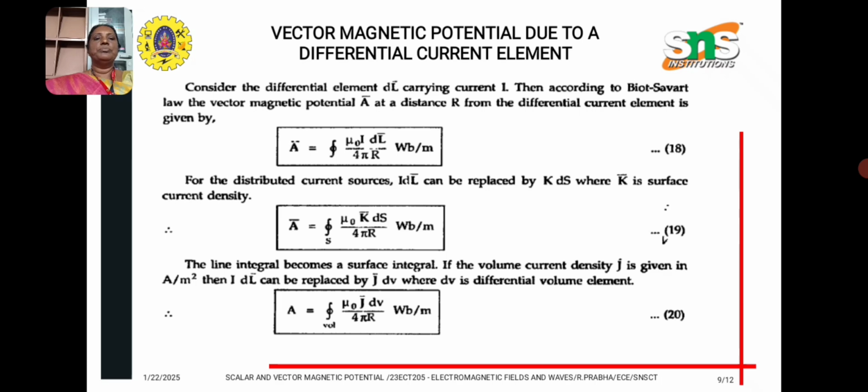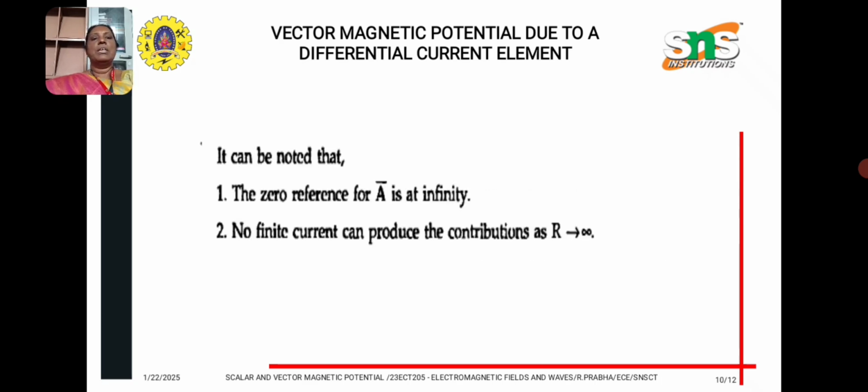And for volume integral, it is integral over the volume of mu naught J dV by 4 pi r Weber per meter. So, we can finally note that the zero reference for the magnetic vector potential is at infinity.